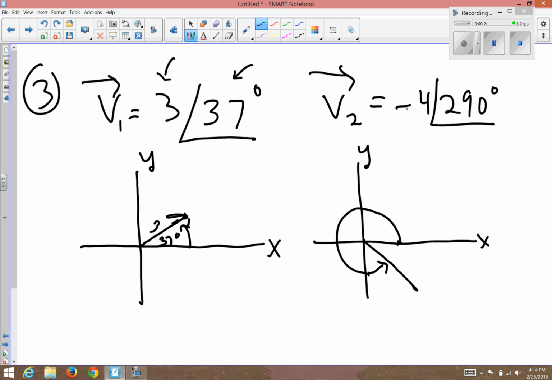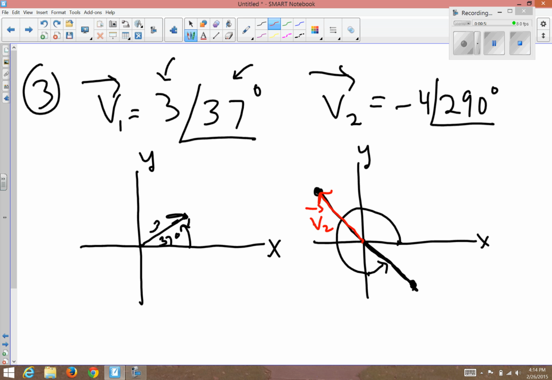If this was 4, we would measure from the origin on this vector here 4 units from the origin. The -4 just means take this point that I just found, 4 units from the origin, and reflect it through the origin. So I'll trace in red right there. That's the vector v2.